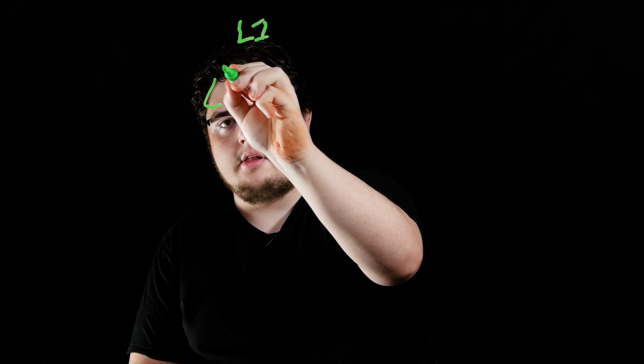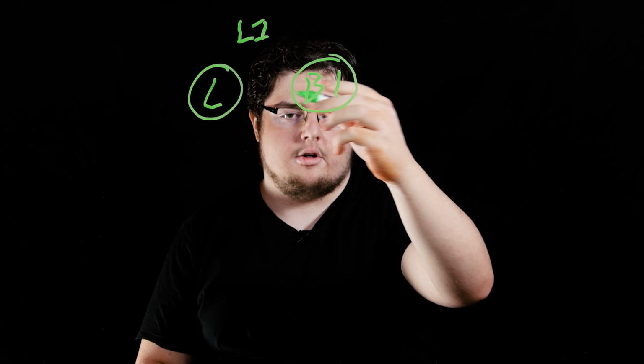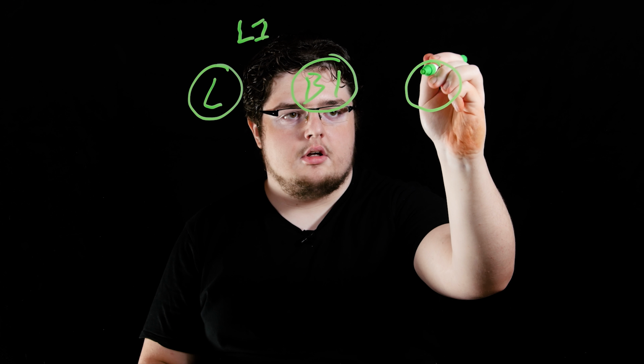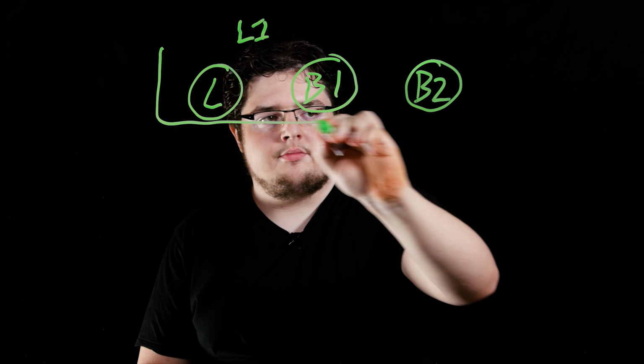That means that if you have location 1, for example, you have a backup 1, which is going to be your live data. We'll just call it live. You're going to have a backup 1, which is going to be on a different medium from the live data. Here's going to be backup 2. And these can be in the same location.